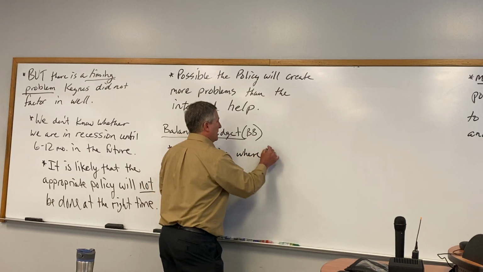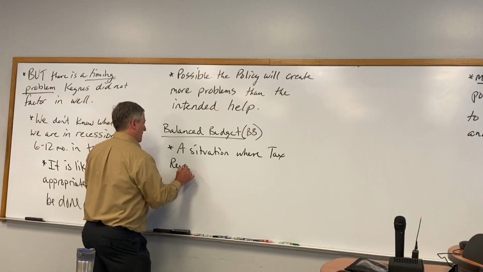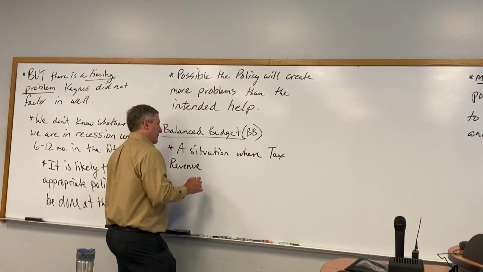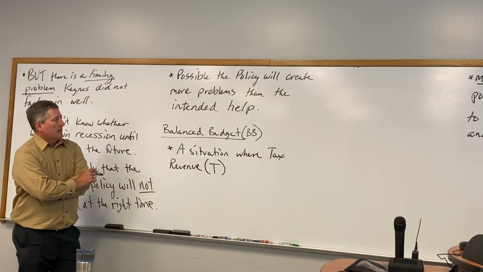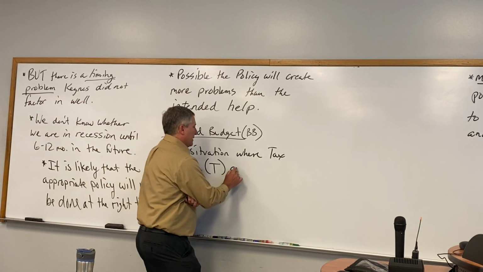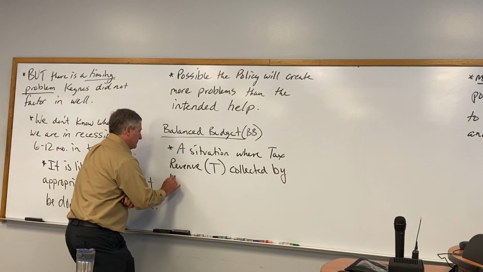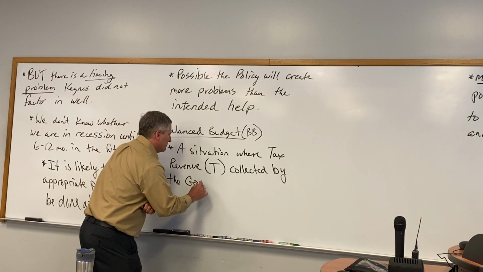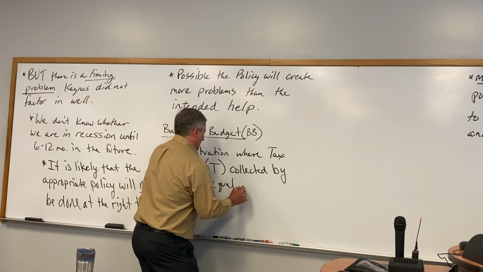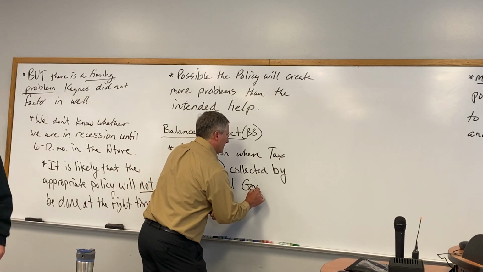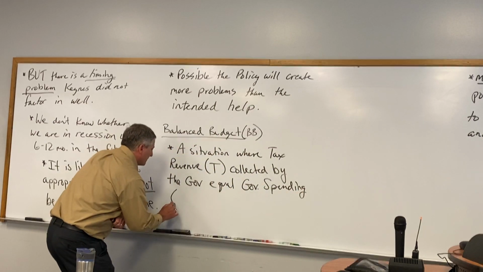where tax revenue, which I'm going to use big T, tax revenue collected by the government equals government spending, which is our G from our cigarettes.